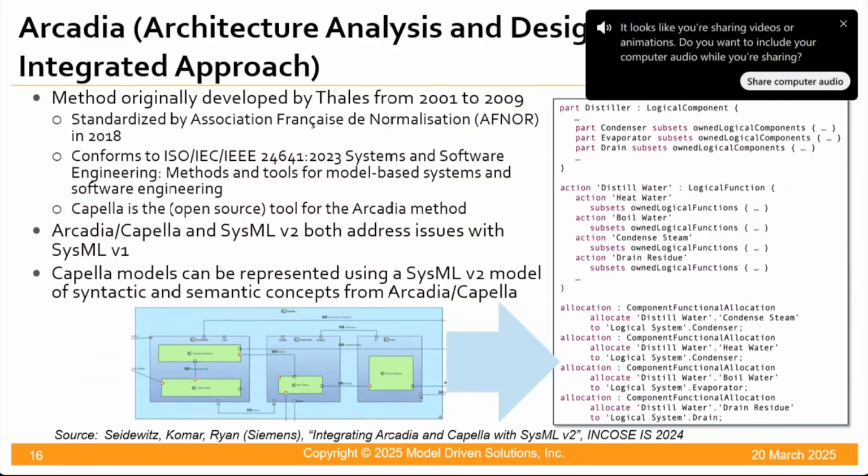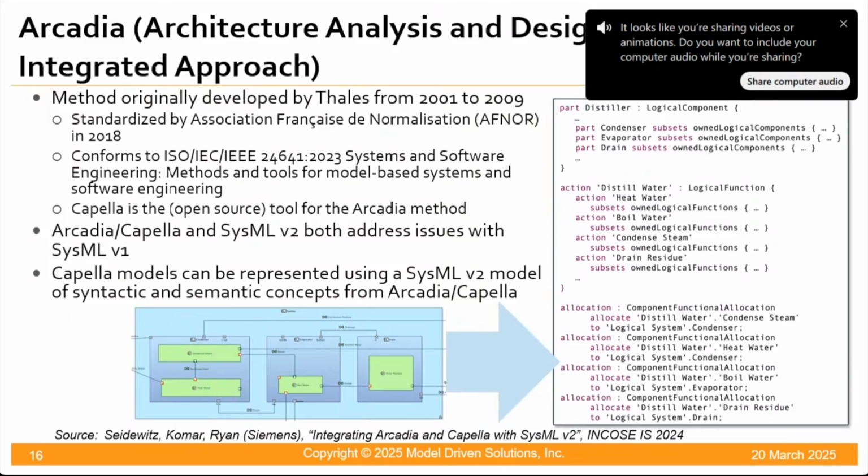What we found is that a lot of the reasons they did Capella were to support their Arcadia method. And a lot of the issues with V1 that we were also addressing in V2 were the reasons they created Arcadia, because V1 didn't support the method that they wanted for systems engineering.